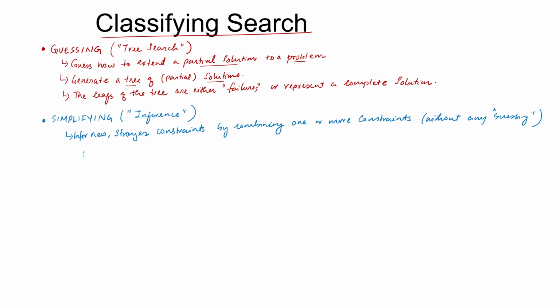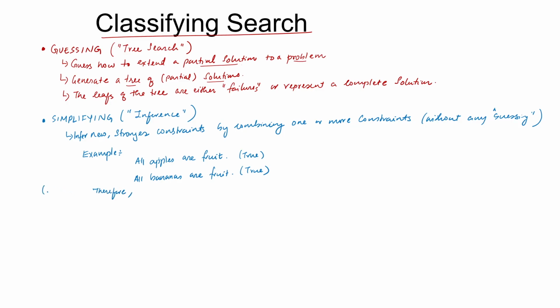Let us take an example to understand this. We can say all apples are fruit. This is a true statement. All bananas are fruit. This is also a true statement. If you say therefore, you are inferring.